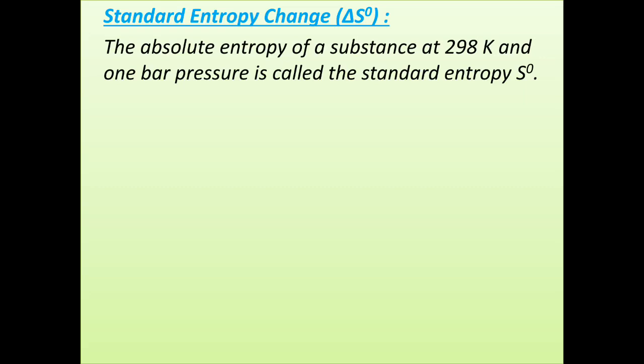So this is the formula for standard entropy change for a chemical reaction: delta S0 R is equal to summation of standard entropy of products minus summation of standard entropy of reactants. Once again I repeat the formula.